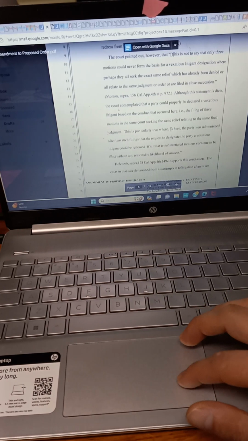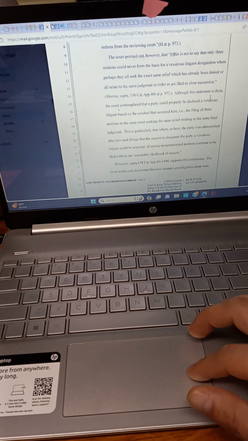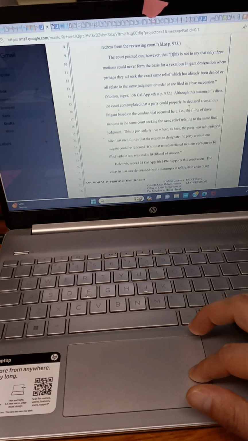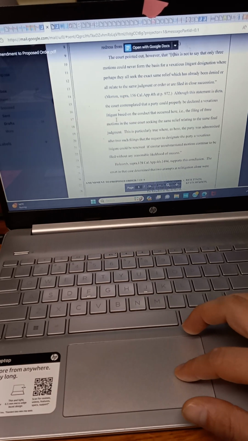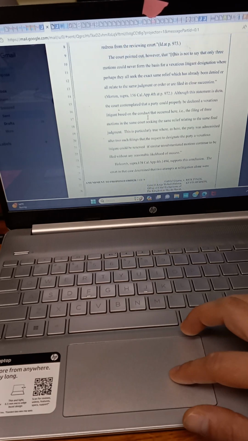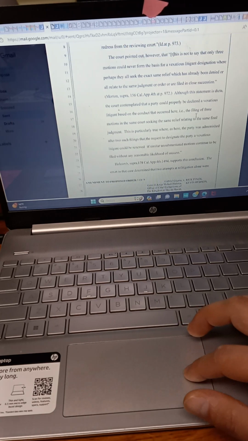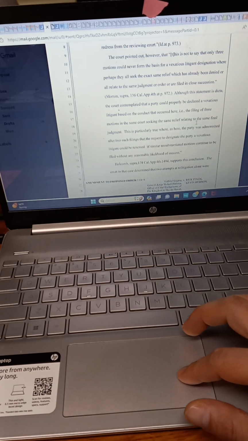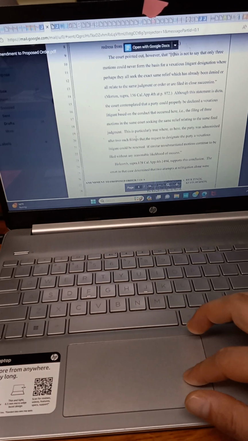Morton. Although this statement is dicta, the court contemplated that a party could properly be declared a vexatious litigant based on the conduct that occurred here, i.e., the filing of three motions in the same court seeking the same relief relating to the same final judgment.